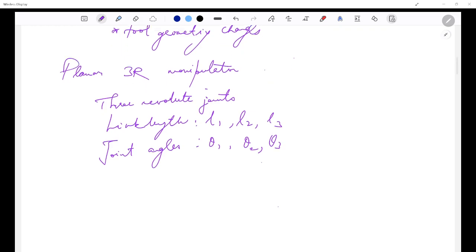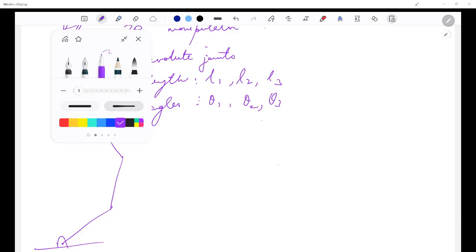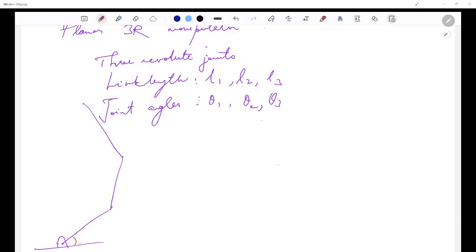If you remember, what do we get here? Let's say this is my first link, this is my second link, and this is my third link. The angle that the first link makes with the base is theta 1. The angle with link 1 is theta 2.